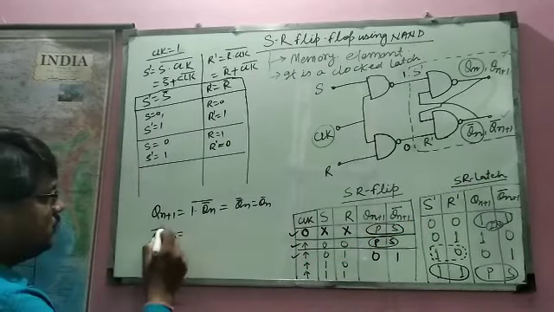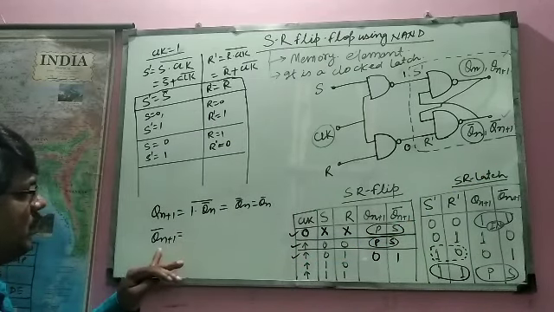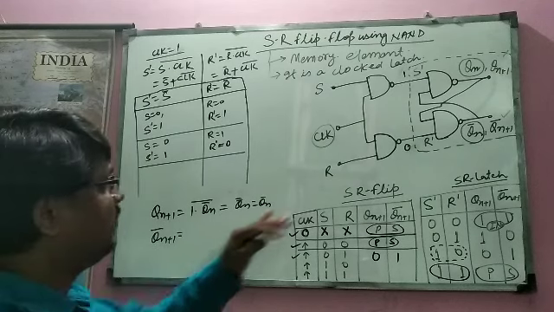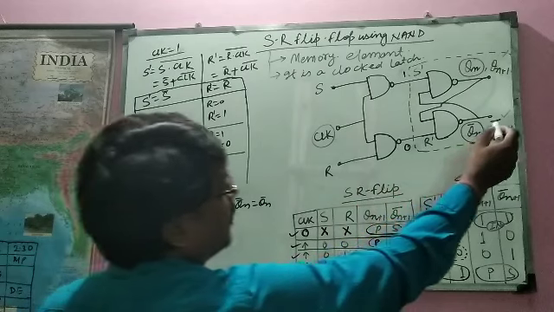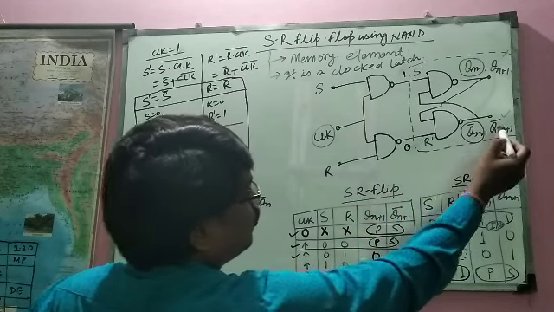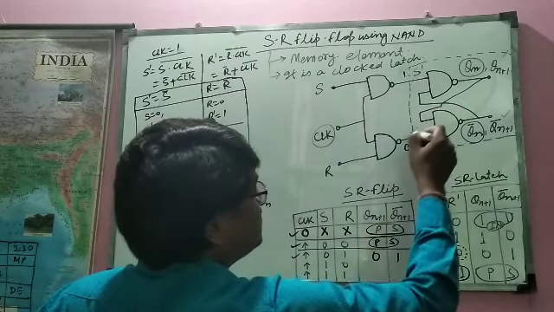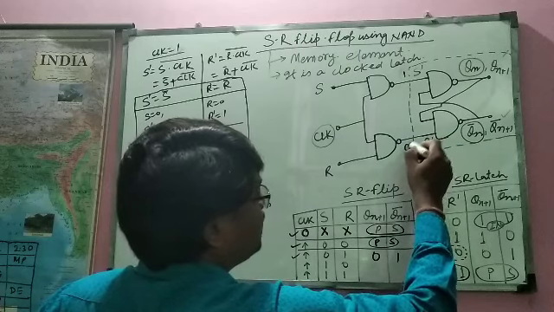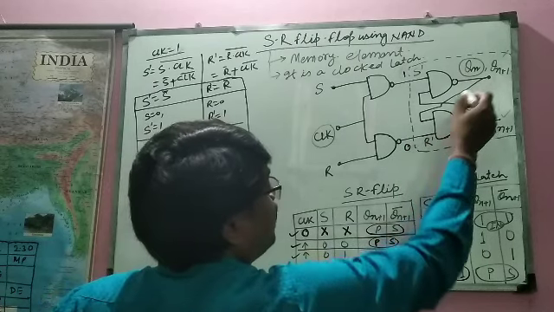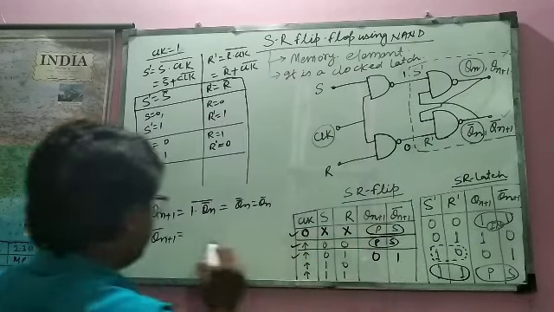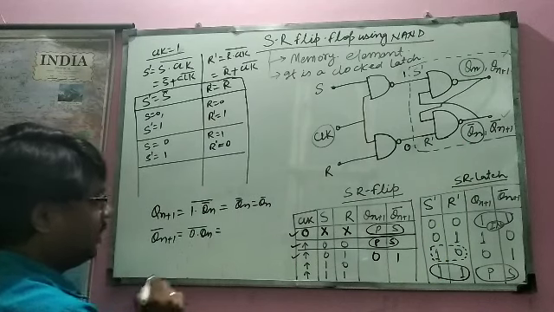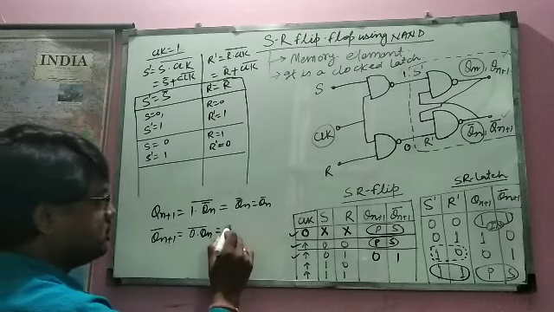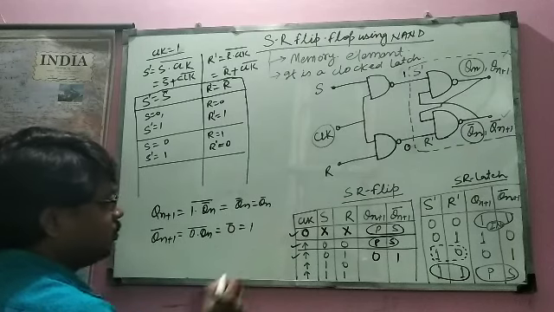Okay, so what will this give? We have to calculate this one. Here one input is this and one input is this. From here it is 0, and from here it is Qn. So 0 into Qn bar. 0 into Qn means 0, and 0 bar means 1.